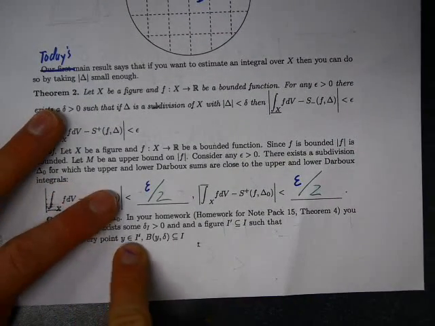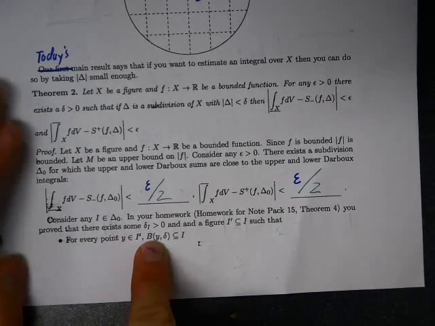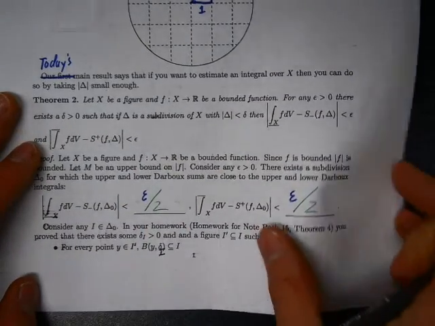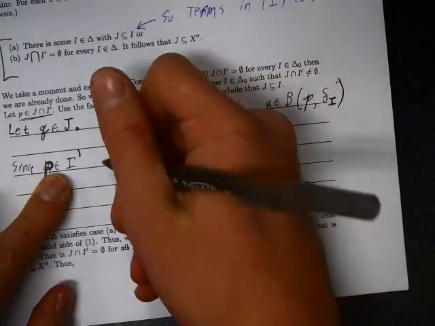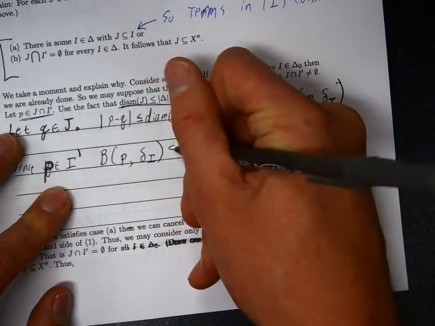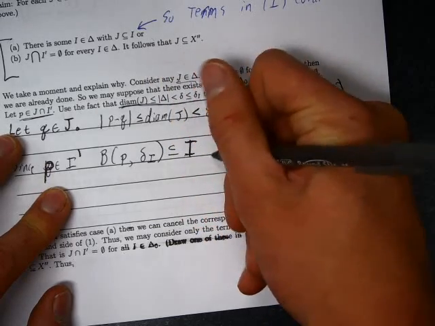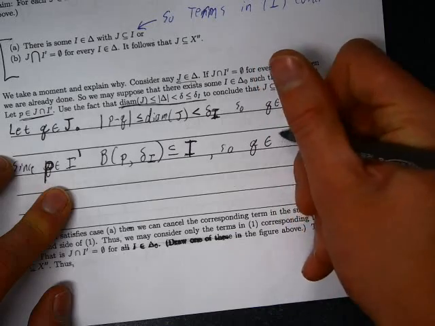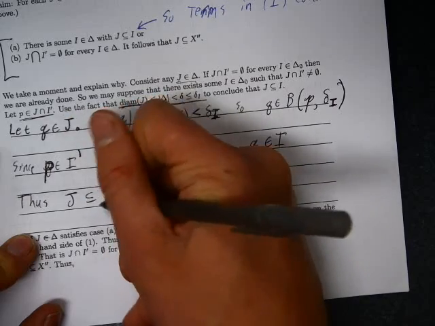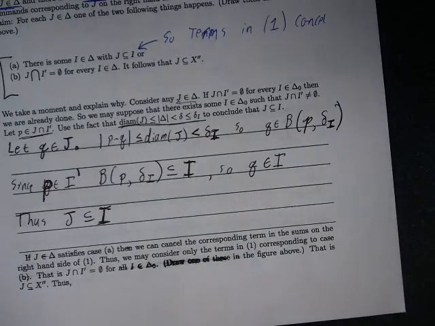For any point in I prime, the ball centered at that point of radius delta I is totally contained in I. So since this P is a point in I prime, the ball centered at P of radius delta I is contained in I, so Q is contained in I. How do I feel about that? That proof makes sense? That small argument makes sense?